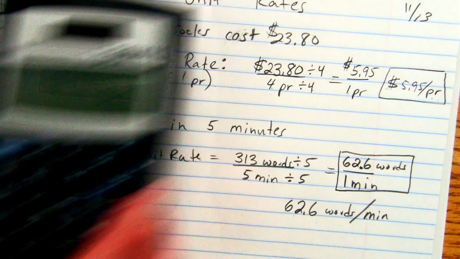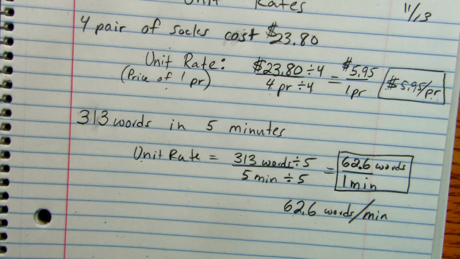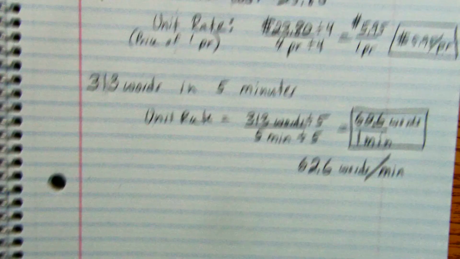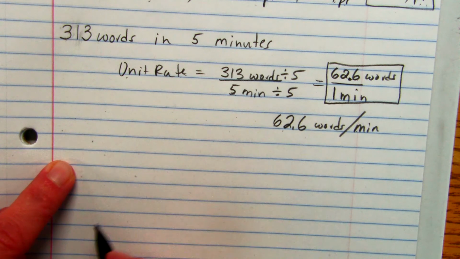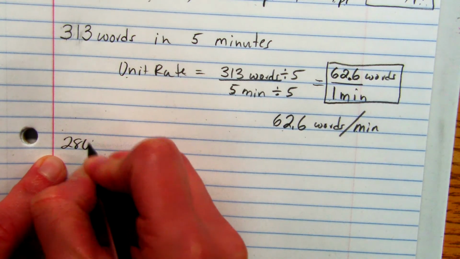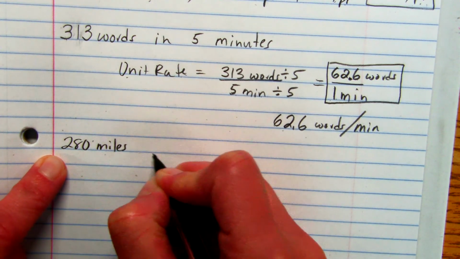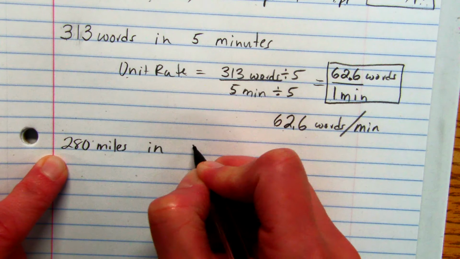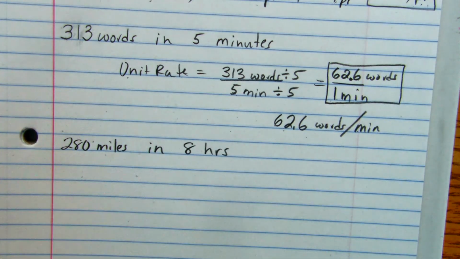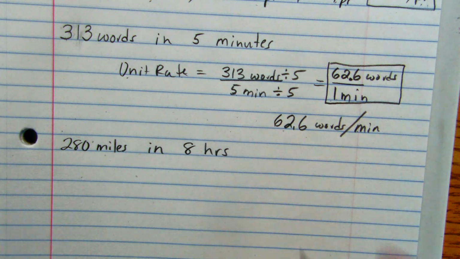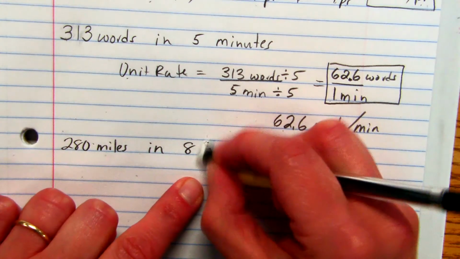And so if I drove 280 miles in 8 hours, and I want to know what my fuel economy is, we usually want to write that, or actually not hours, I'm sorry.